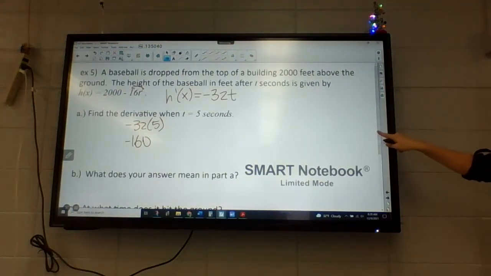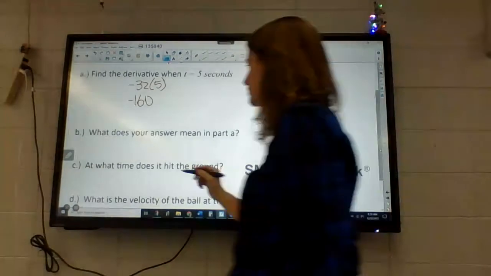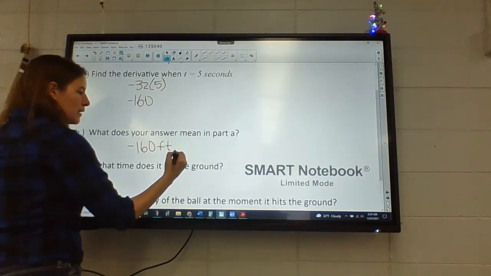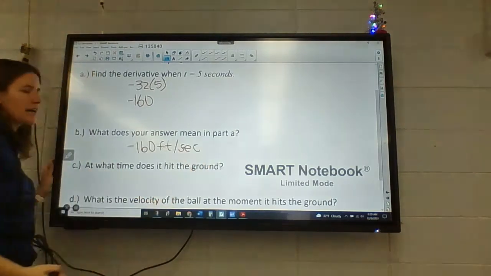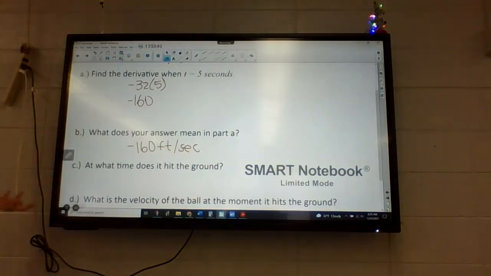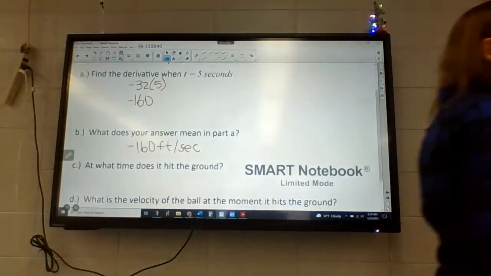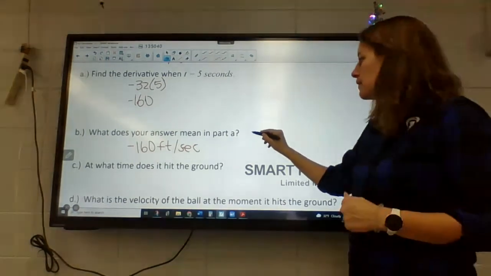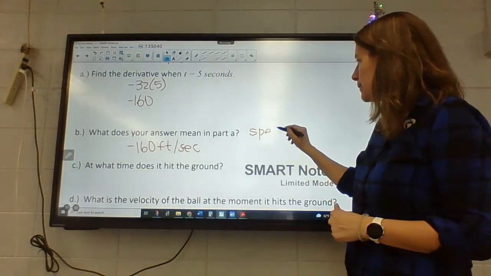It's going down, not up. We could figure out miles per hour, but they talk about objects a lot of times this way. This is kind of a physics type question. So that's how fast the ball is traveling towards the ground at 5 seconds.